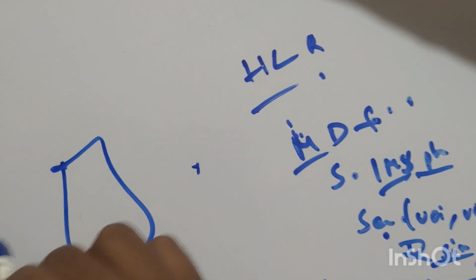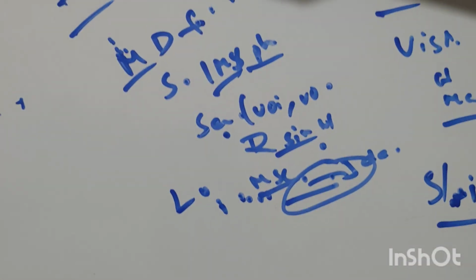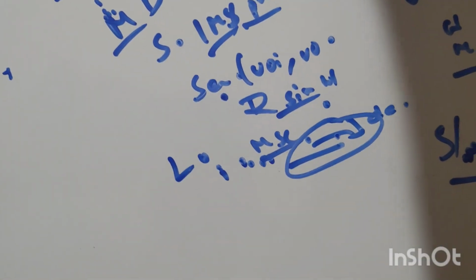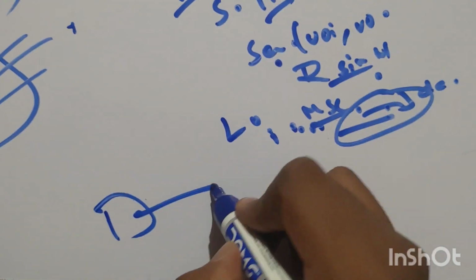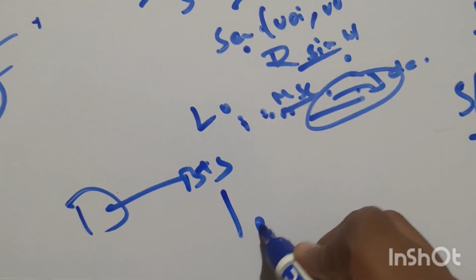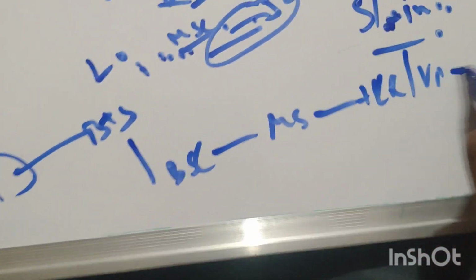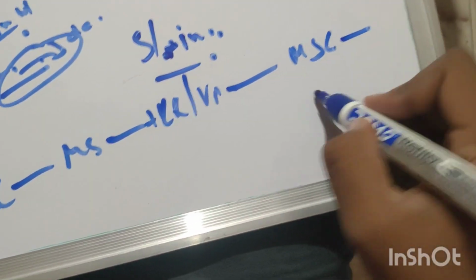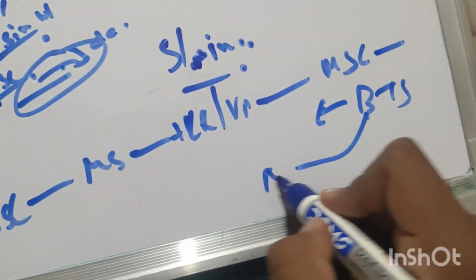Now let us know how these interconnect, in a simple way, within 2-3 lines, and how these things take place one by one. What I told you so far was the entire depth of each thing, but in a simple way, it works like this: mobile device, to BTS, next BSC, next MSC, next HLR or VLR, next again MSC, and the recipient BTS, whom you are calling, then the recipient mobile device.